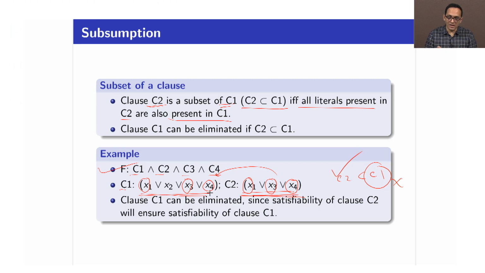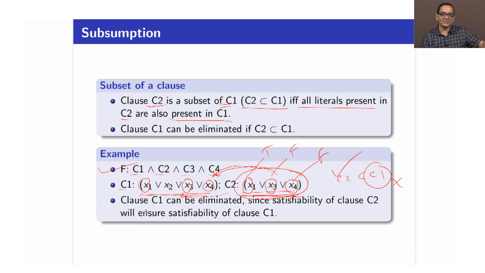If by any chance you make this formula true by some assignment, say you put x1 equal to true, x3 equal to false, x4 equal to false, because of some SAT solving you get this assignment, that will make C2 true, and because it is a subset of the bigger one, the bigger clause will also be true.